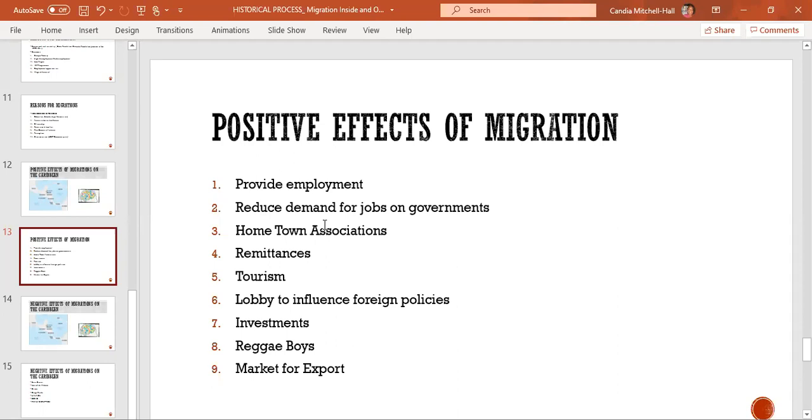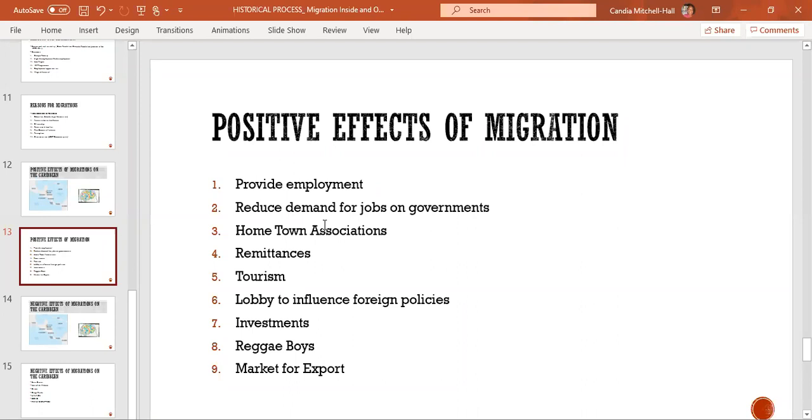So, for example, say for instance, you move and you live in Atlanta, you go and you form a Jamaica Association in Atlanta. You move to New York, you form the Jamaica Association of New York. Barbadians leave and they go to Canada, they form the Barbadian Association in Canada.